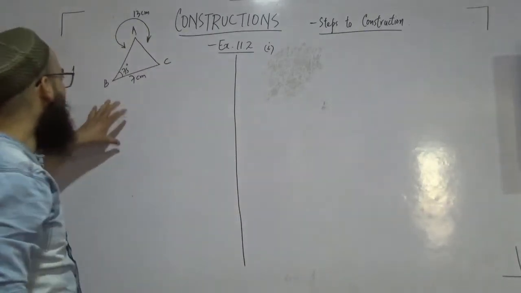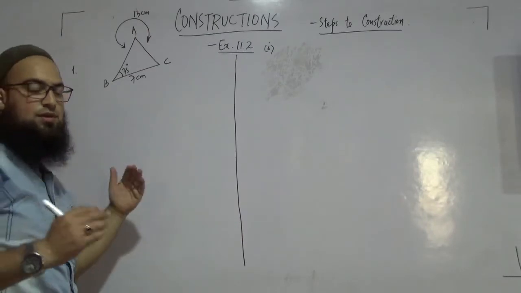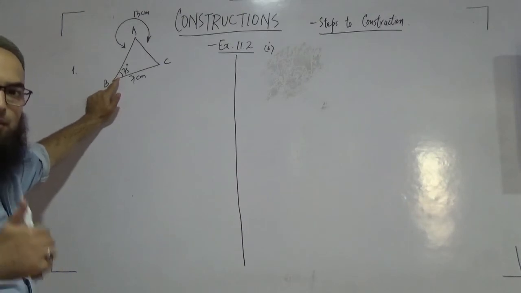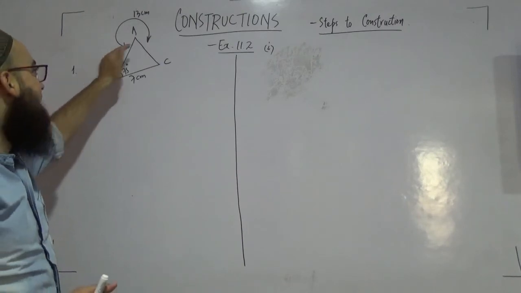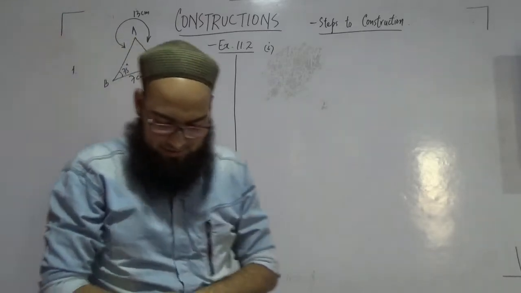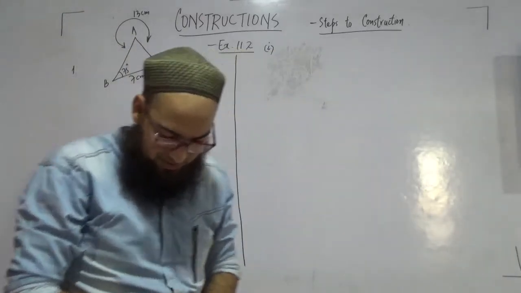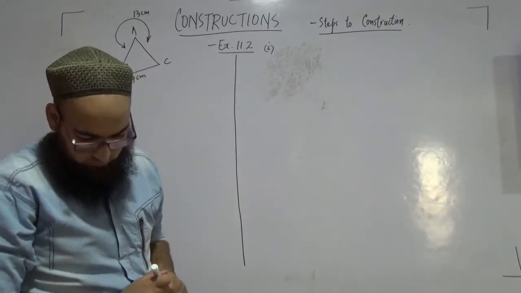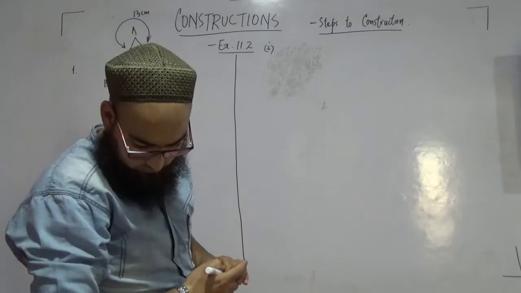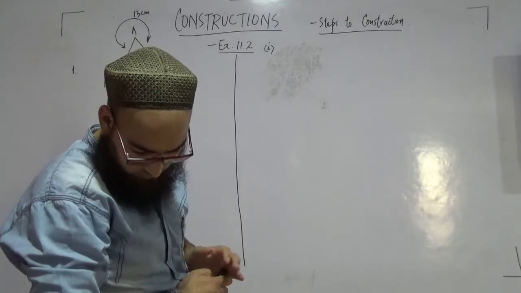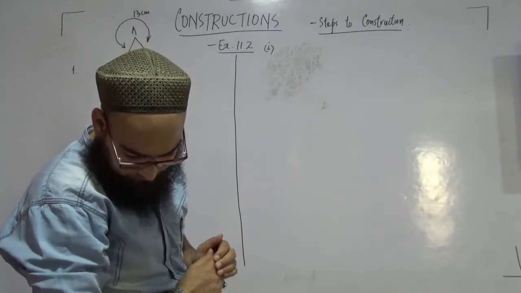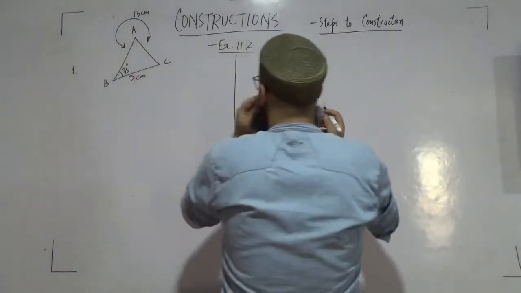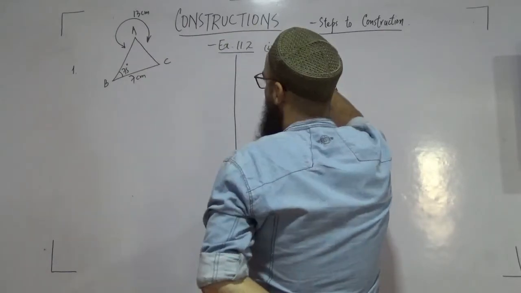So if you observe carefully, let us first analyze what is given. We are given a base, a base angle, and the sum of the two remaining sides. So first of all, draw a line segment BC.